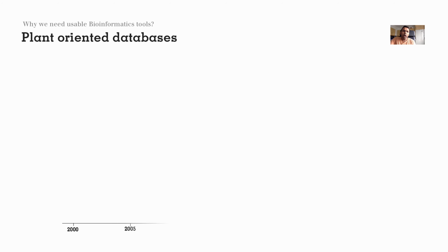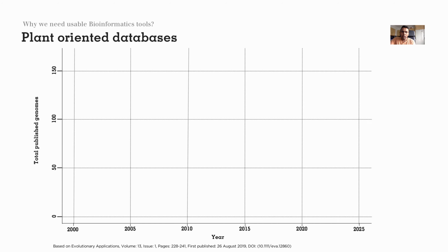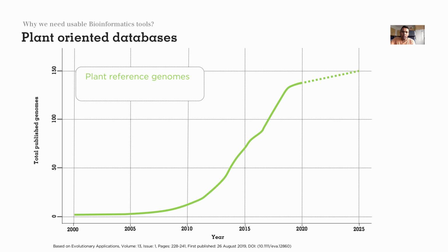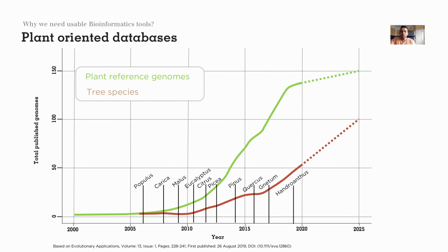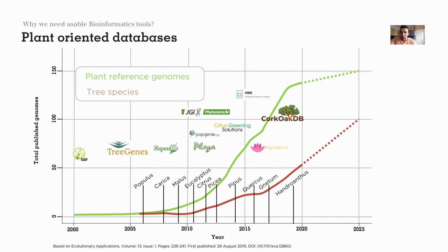If we look at the plant-oriented databases, the first forestry species, Populus trichocarpa, was sequenced in 2006. By 2018, there were 148 plant reference genomes and only 52 tree species shown in this diagram.